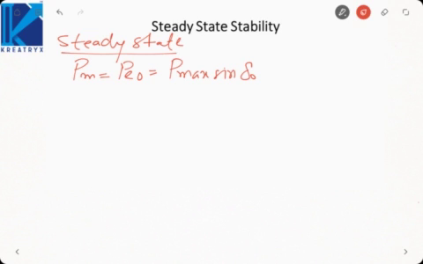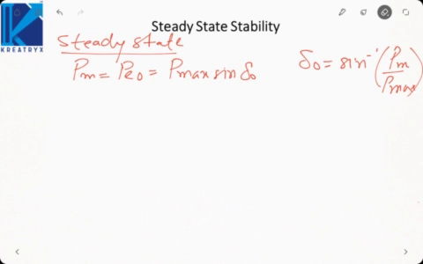So from here I can calculate delta naught, which is sine inverse of Pm by Pmax. So this is the initial operating angle of the rotor. Now suppose I change delta naught to delta, where delta is delta naught plus delta delta.